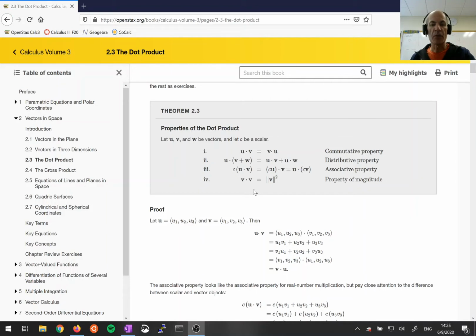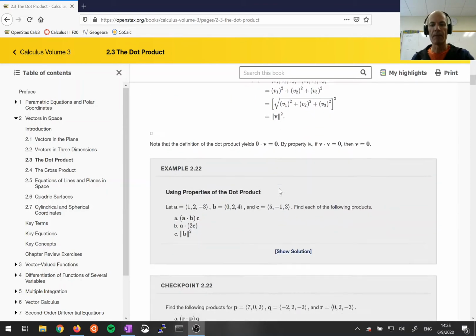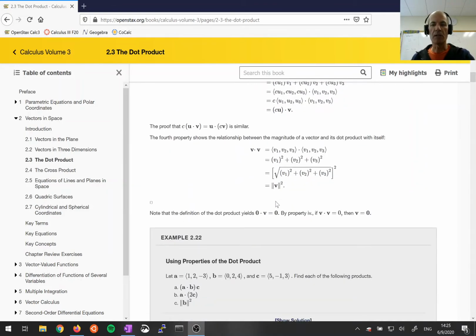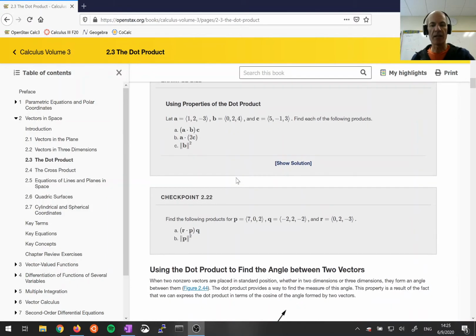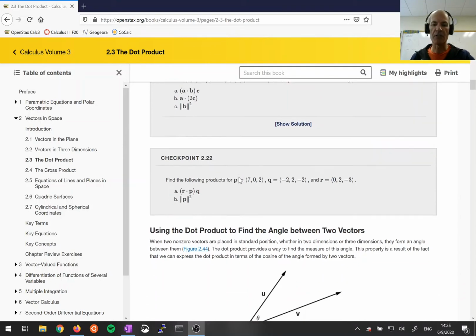All you're missing is the square root, and that's why this is the magnitude squared instead of just the magnitude. But super useful thing to remember. All of these are very useful properties to remember. There are proofs here. I'll leave those to you to read. Here are some exercises. Again, I'm de-emphasizing the computational part of this. I'll leave that to you to work out.